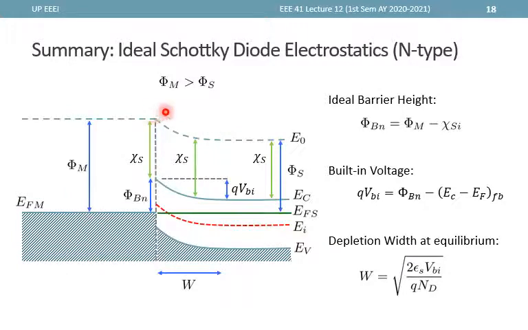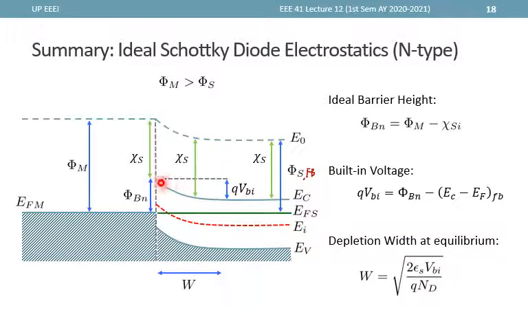For the semiconductor, the constant thing is chi, the distance between E naught and EC, and Vs at the flat band is as originally expected, because if you observe, Vs actually changes along the material, but what we can actually predict easier is this Vs at the flat band.